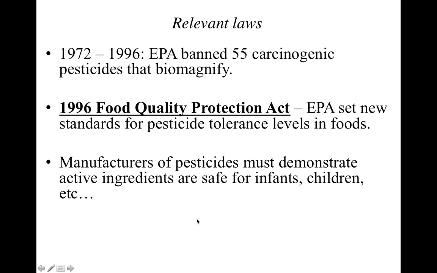So foods are tested to see how much pesticide they contain, and yes, your foods do contain pesticides, but it sets maximum values. The companies that make the pesticides must do studies that demonstrate that the active ingredient will not harm infants, children, or even grown-ups in general.